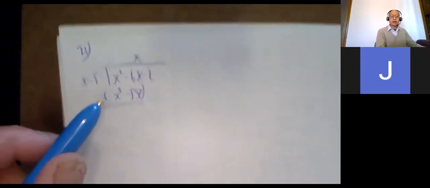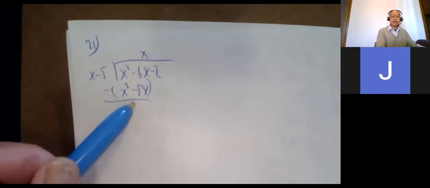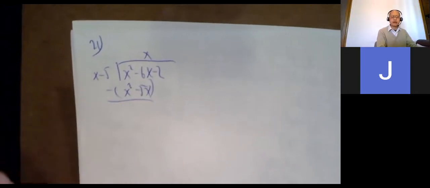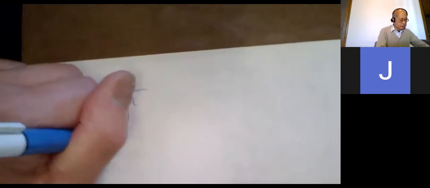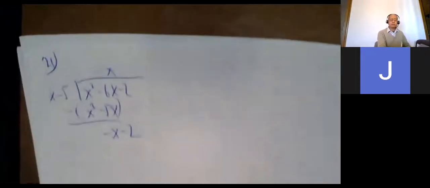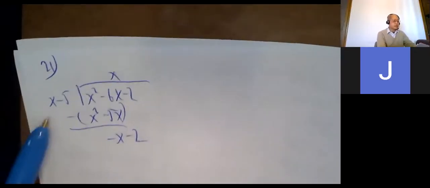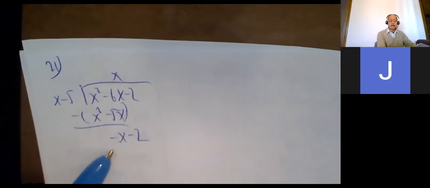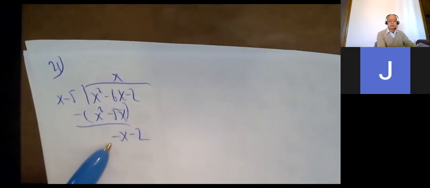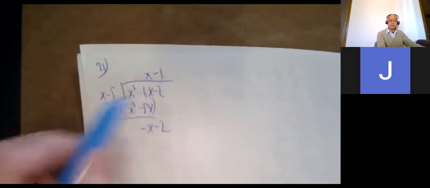Subtract. X squared minus x squared is nothing. Negative 6x minus a minus 5, so negative 6x plus 5x is a negative x. Bring down the negative 2. Do it again. What do you multiply x by to get negative x? Negative 1. Negative 1 times this whole thing.